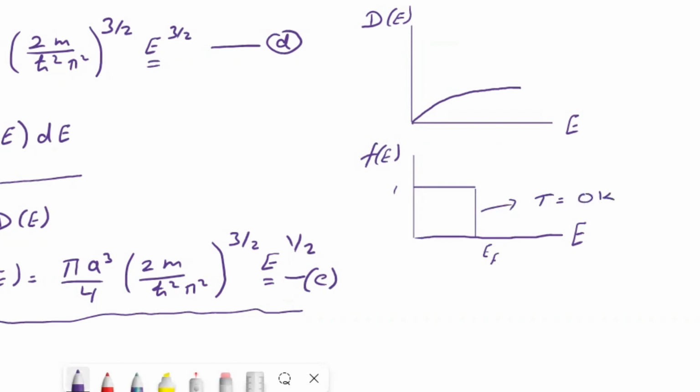Now for another temperature, let's say T equal to T1, and as we discussed earlier, its position and shape change, something like this. This is for T equal to T1. Now if we multiply both of them, which will give us n of E.